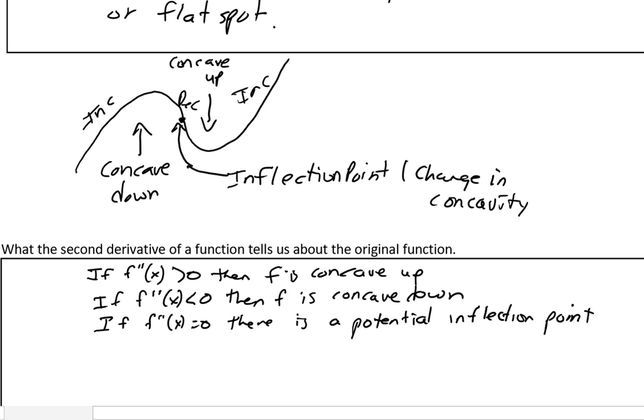Okay. Now those inflection points would also be important for the derivative, for f prime, because f double prime is the derivative of f prime. Okay. And of course we have to do more analysis before we would know whether there was an actual inflection point there or not. Okay.